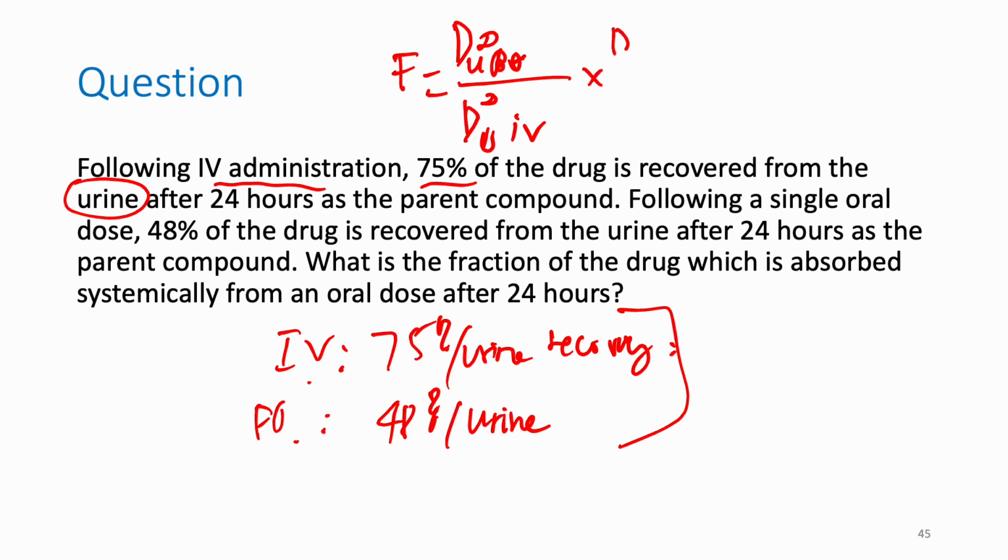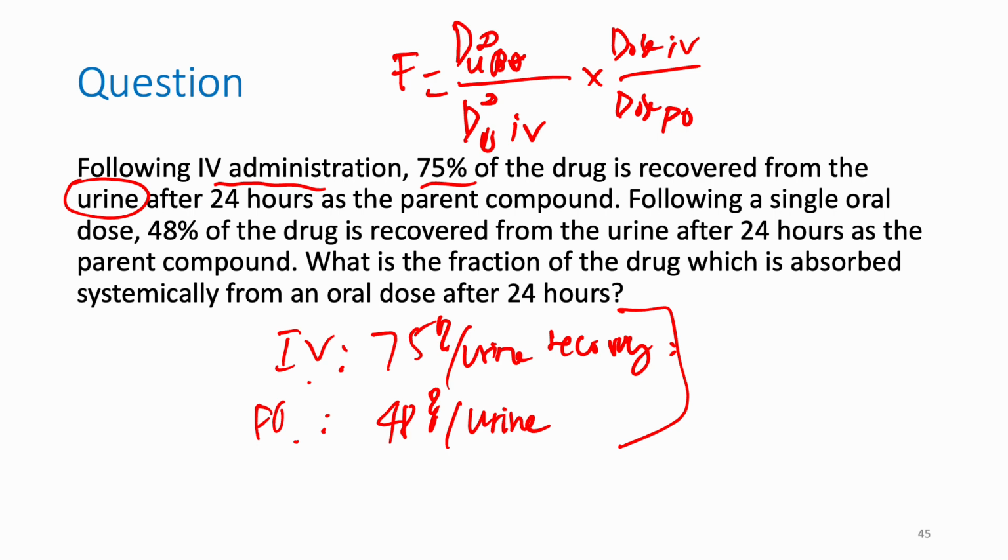Then you times the dose of the IV divided by the dose of oral. So in here, look at the dose. Following IV administration, following a single oral dose, what is the fraction of the drug? No dose is mentioned here, so we assume that they have the same dose.